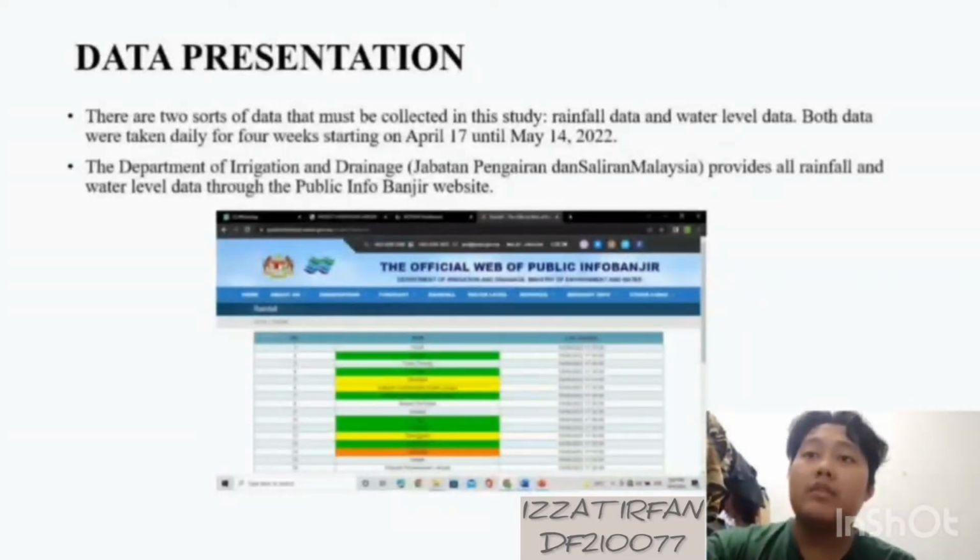The Department of Irrigation and Drainage provides all rainfall and water level data through the public Infobanjir website. An issue happened during the data recording procedure, resulting in no data being captured and distributed by the website for a specific date. It could be due to a website technical fault or a data reading and recording error.